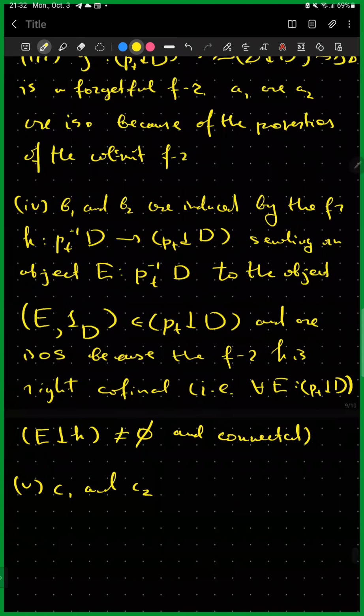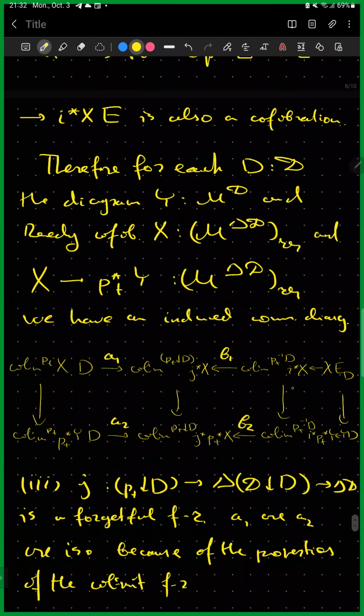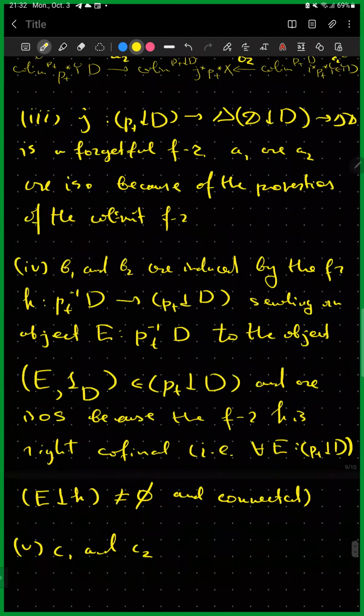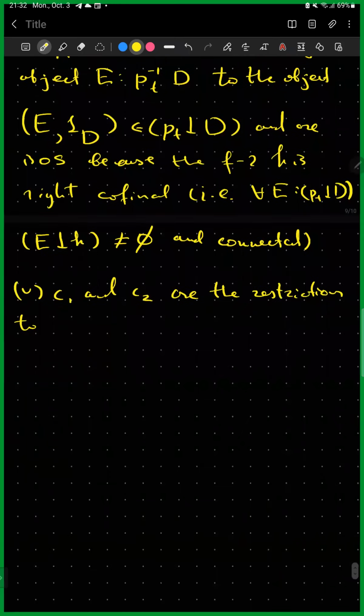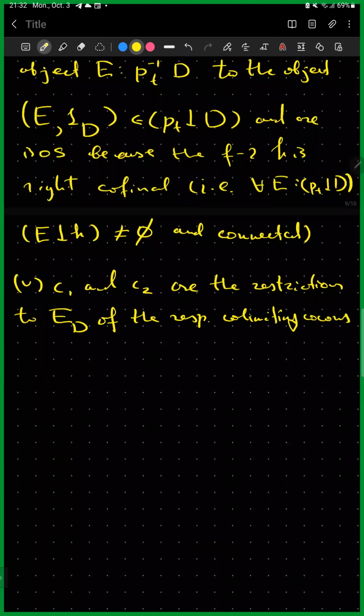C1 and C2, let me write them down. Well, it's pretty clear what they should be. C1 and C2 are the restrictions to ED of the respective limiting components.